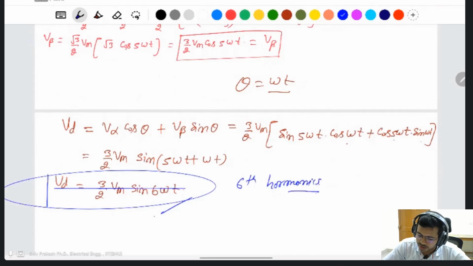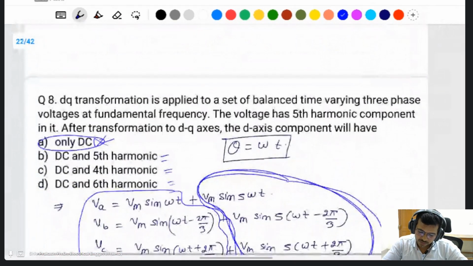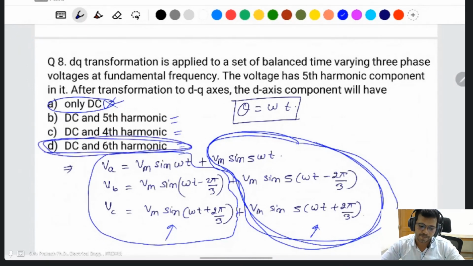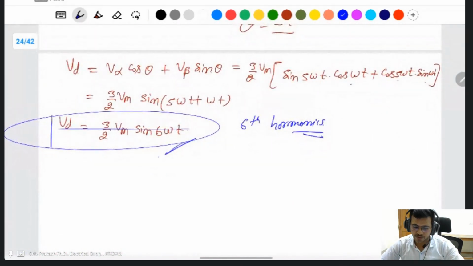Harmonics components are present, plus DC. Some DC value of Vd plus the 6th harmonic component, because of this Vd.